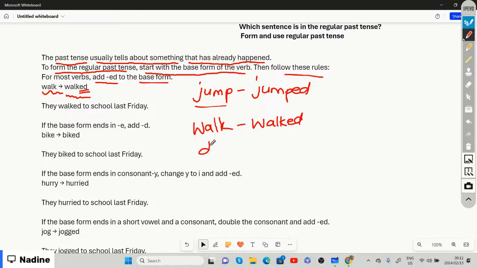Dance. If our base word is dance, what is the regular past tense of the word dance?